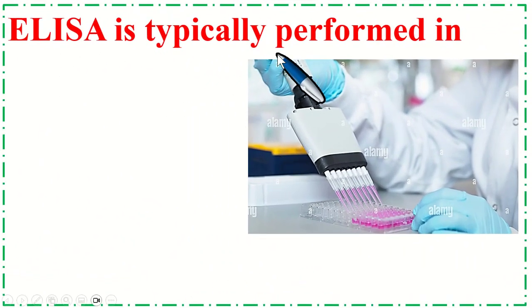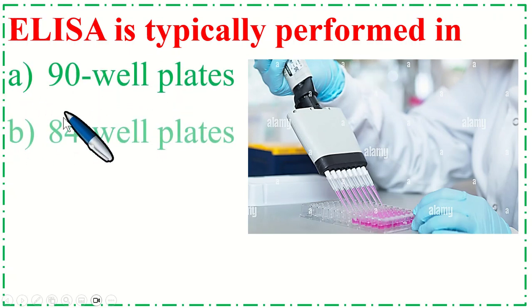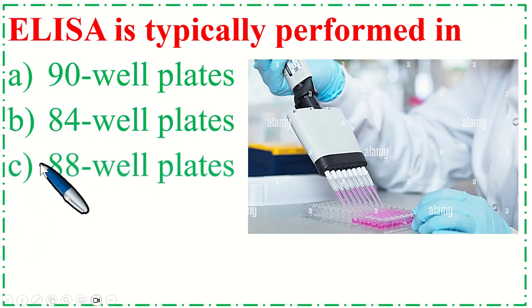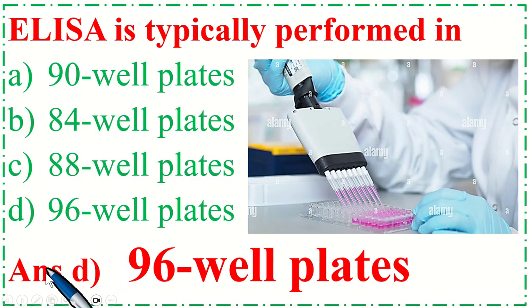ELISA is typically performed in option A, 90 well plates; B, 84 well plates; option C, 88 well plates; and option D, 96 well plates. Correct option is D, 96 well plates.